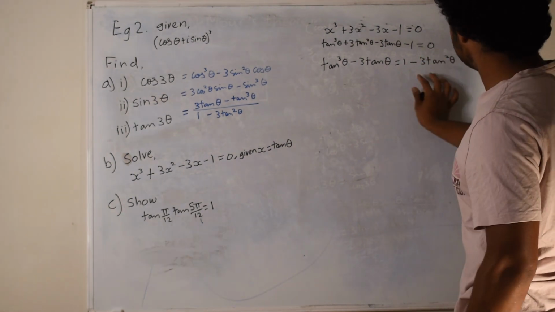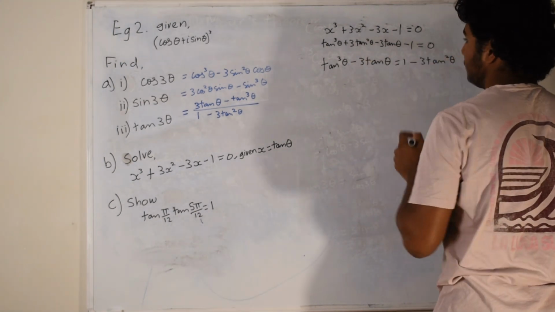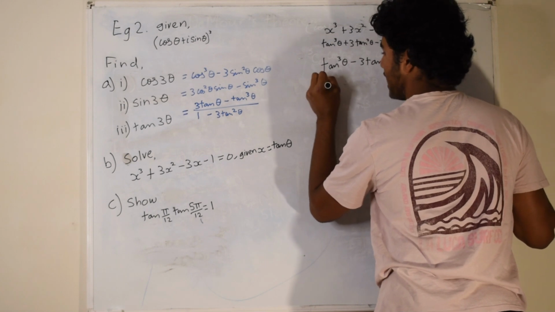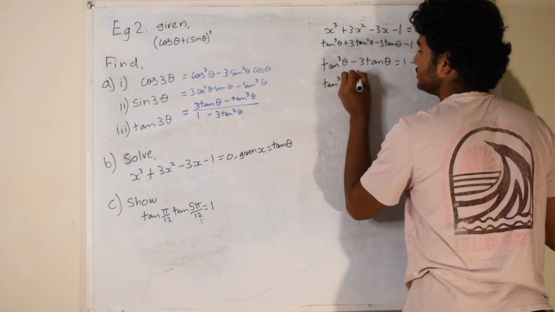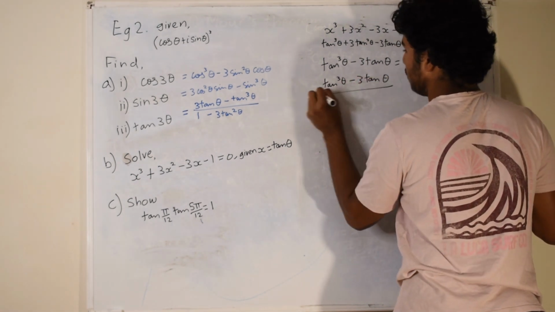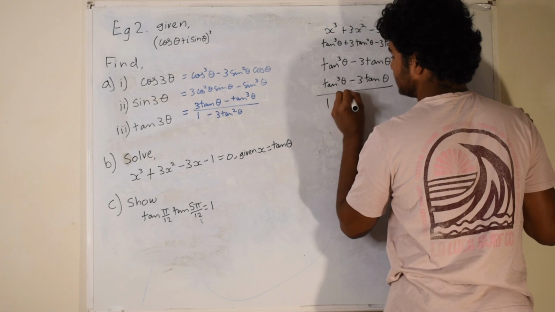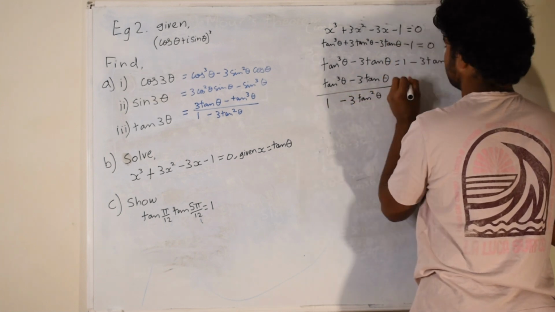Now divide both sides by 1 minus 3 tan squared theta. We get tan cubed theta minus 3 tan theta all upon 1 minus 3 tan squared theta, which then equals 1.